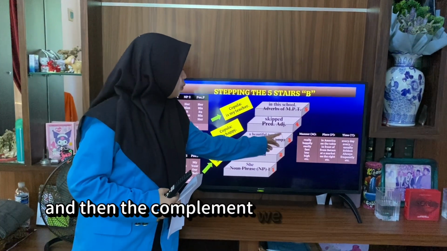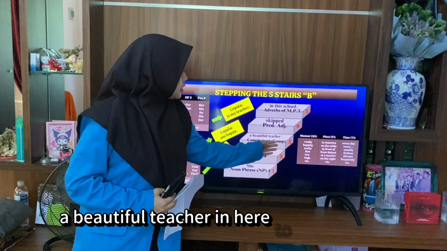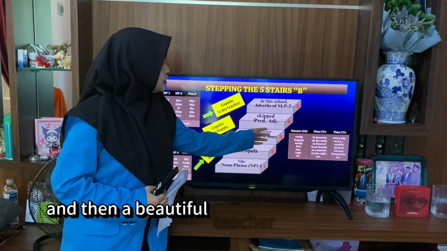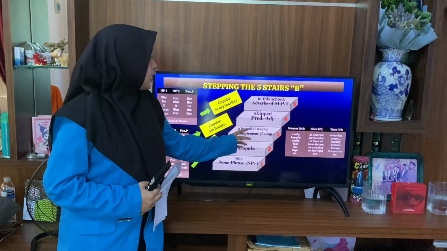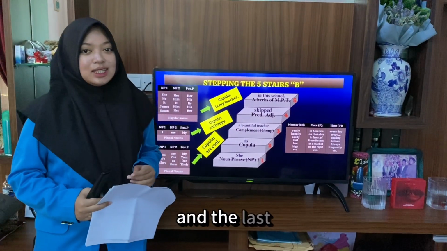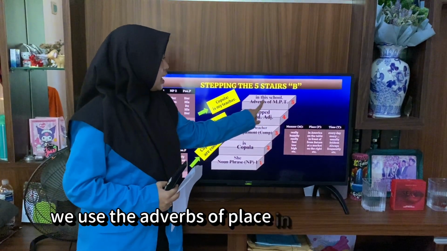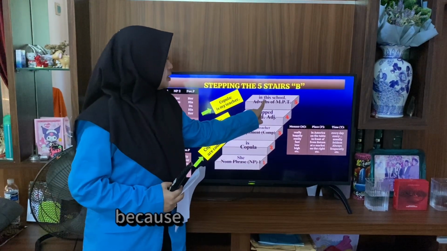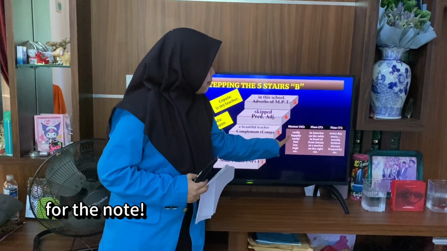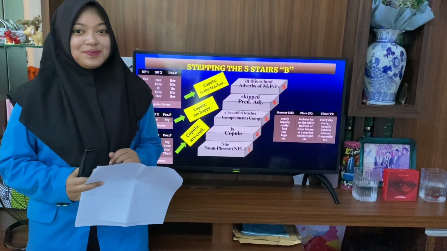Then the complement is a beautiful teacher, which describes she, and it is the adjective one. We skip stair 4. Last, we use the adverb of place, because school is the place. For the notes, manner in stair B is rare to use.